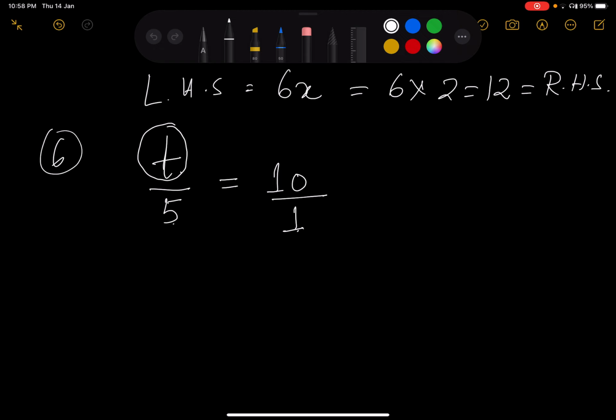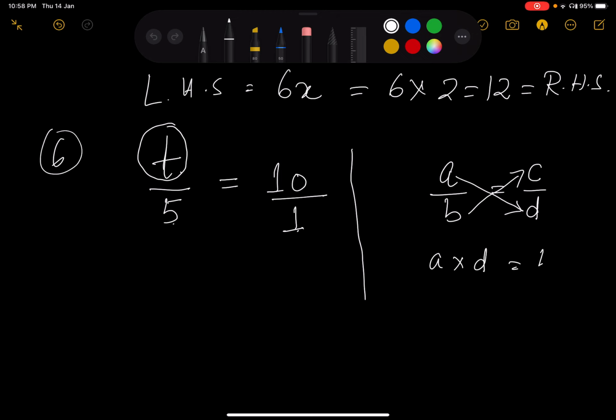So same. Now if you have this kind of problems, then it is better you should remember this, that is if fractions are given like this, a by b is equal to c by d, then you should cross multiply. What we get is a into d is equal to b into c.